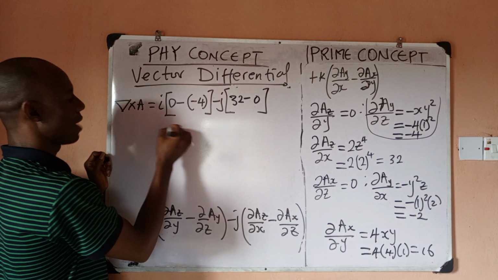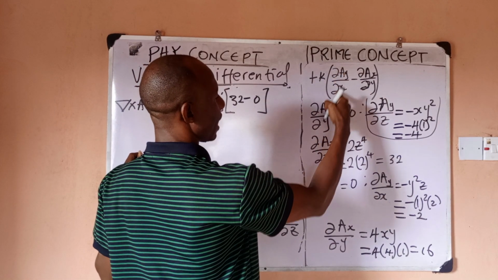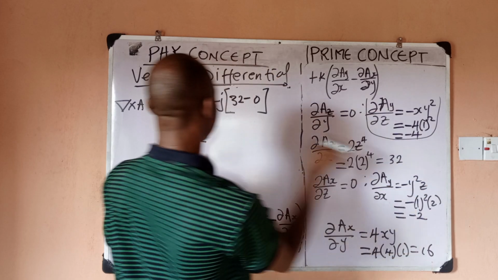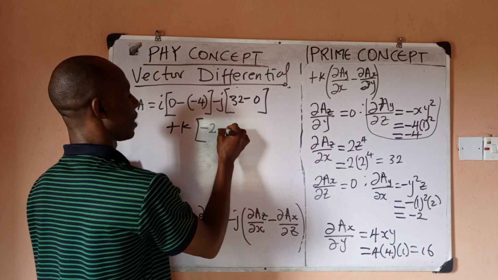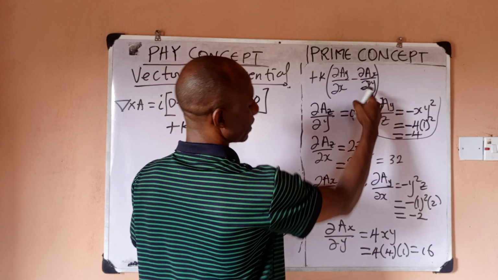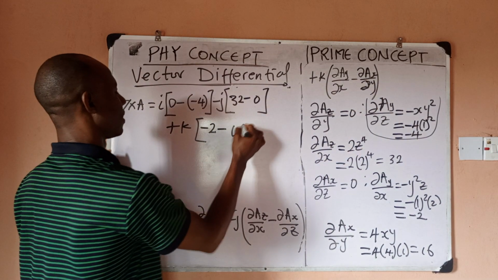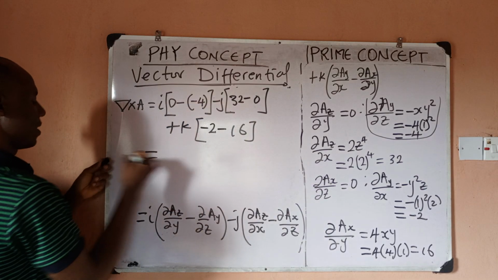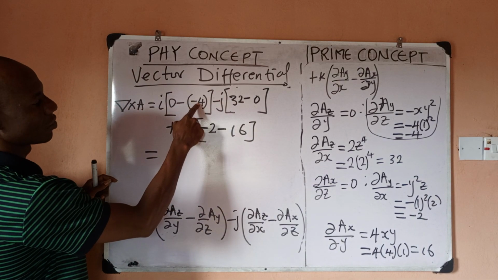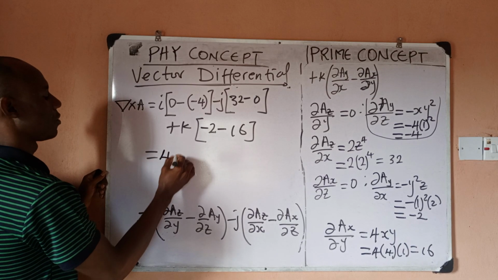Then finally, I have plus k. k is the ∂Ay/∂x, we got it as minus 2. So I have minus 2, then I'll put this minus, then I have the ∂Ax/∂y, which we got as 16. So if I evaluate this, minus becomes plus 4, 4 times i, I have 4i.